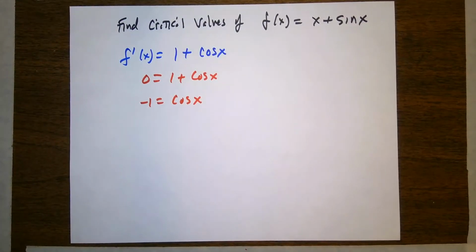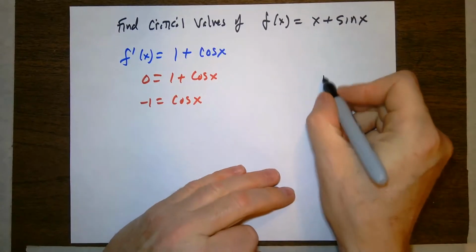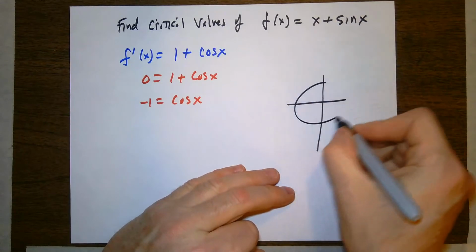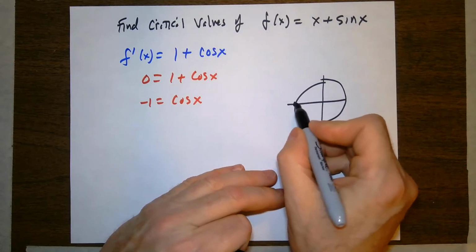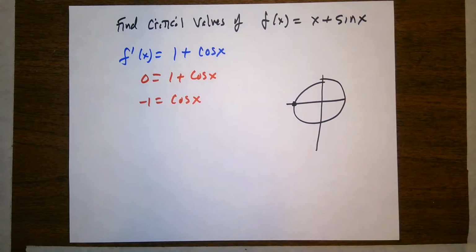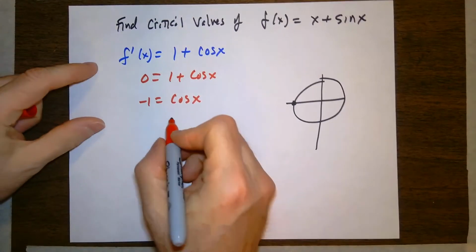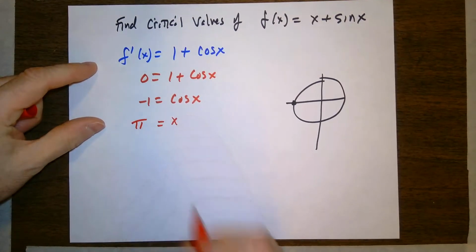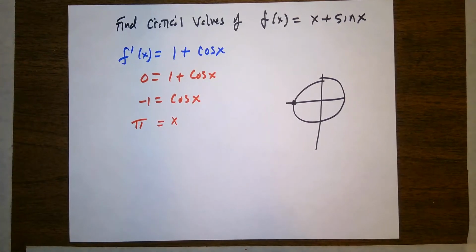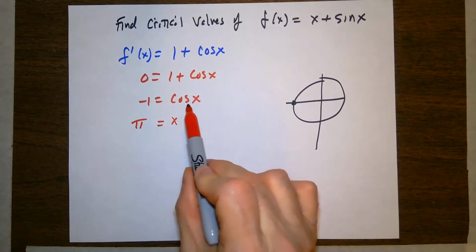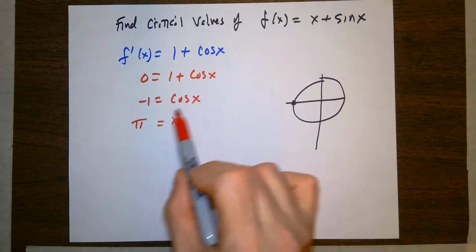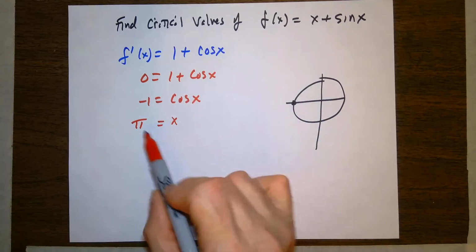And let's see, for what value of x is the cosine of x equal to negative 1? Again, this should jump into your mind: unit circle, and here x is negative 1. What is that angle over there? And of course the answer is pi. But it is also a periodic function, so it's going to repeat.